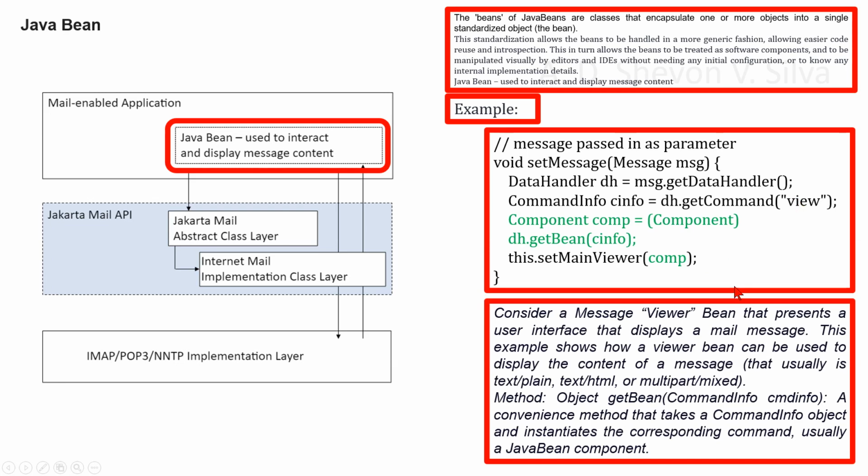This example shows how a viewer bean can be used to display the content of a message that is usually text/plain, text/html or multipart/mixed. The getBean method is a convenient method that takes a CommandInfo object and instantiates the corresponding command, usually a JavaBean component.